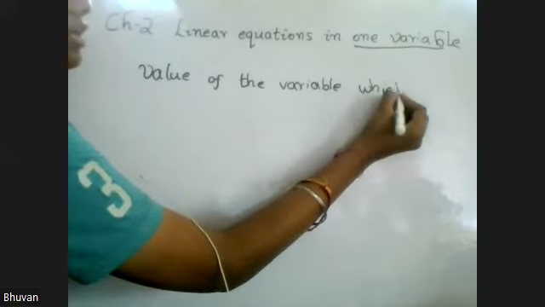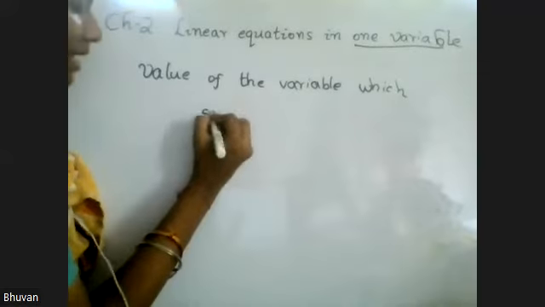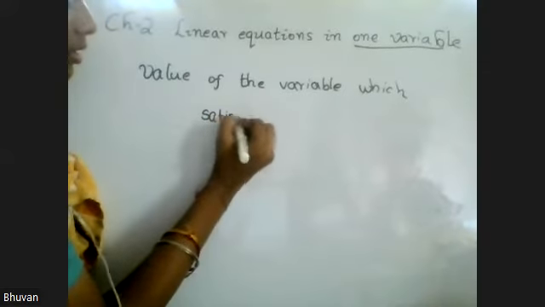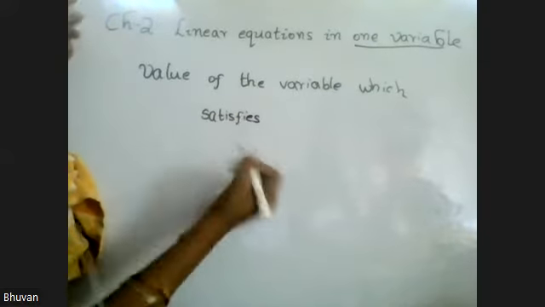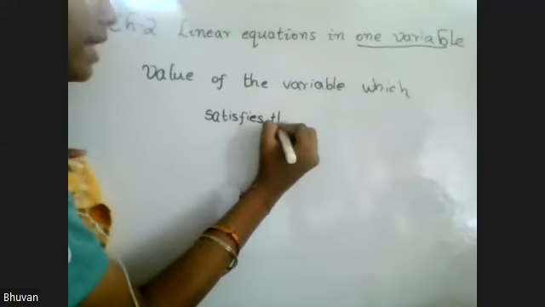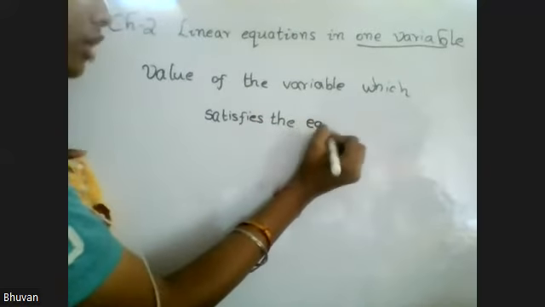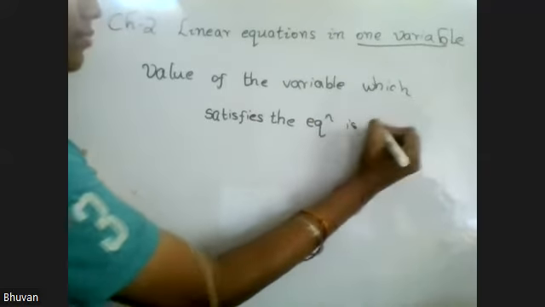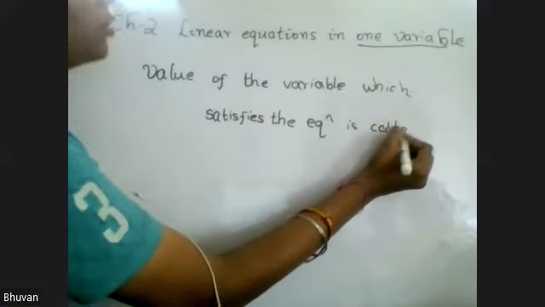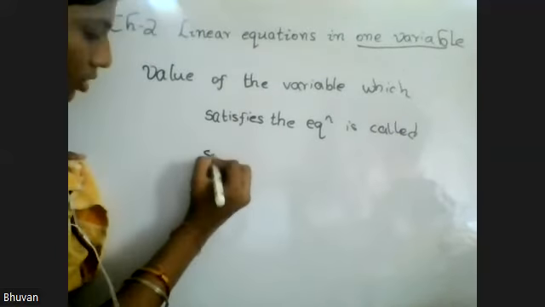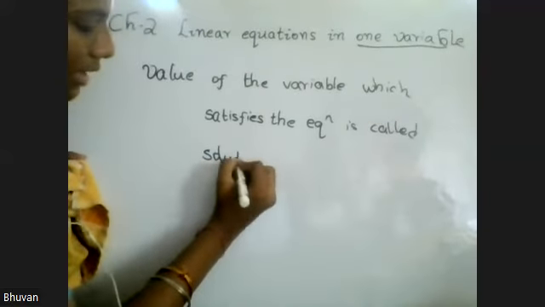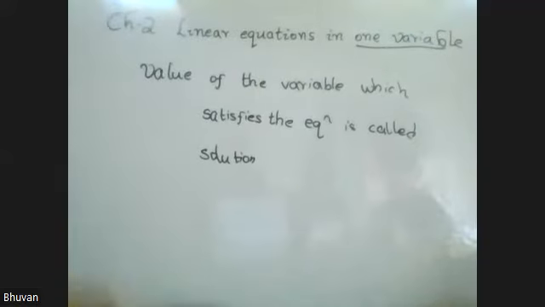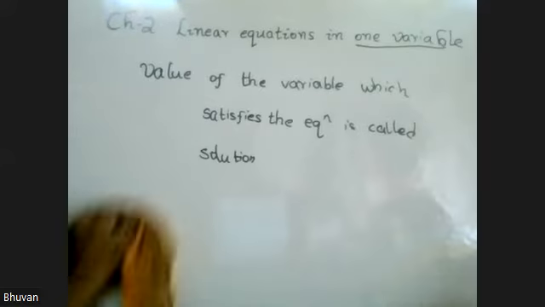The value of the variable which satisfies the equation is called the solution of the equation. So the value of the variable which satisfies it is called the solution. So how do we find the solution? We have various methods to find the solution, and let us start.